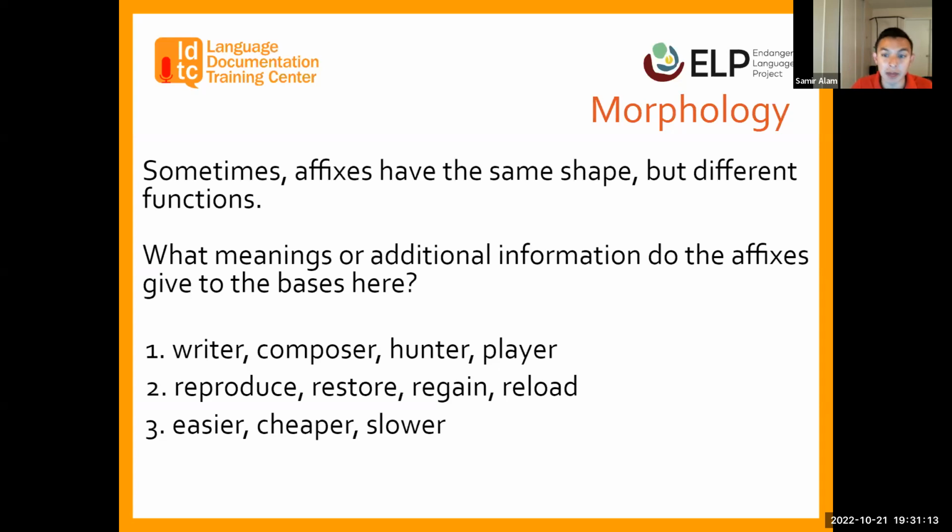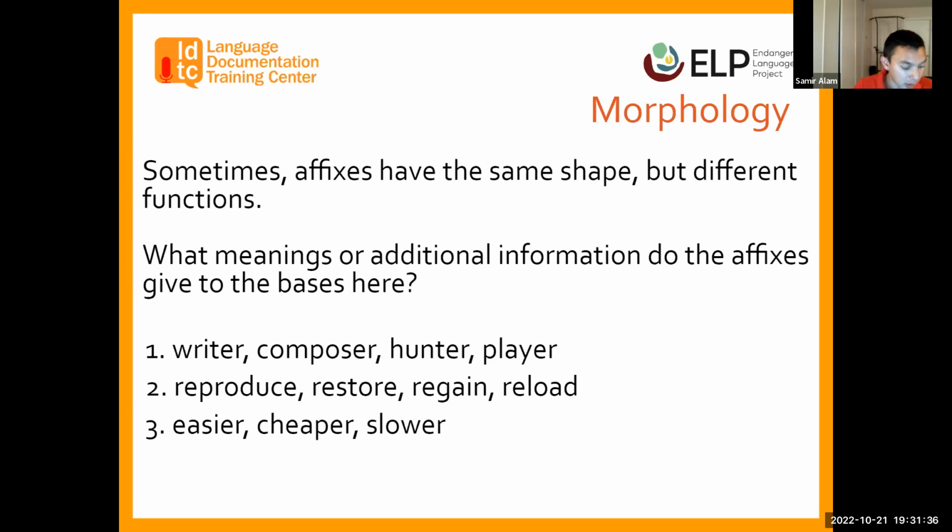And that seems to be doing the same thing for all the words in one, right? So a writer is someone who writes, a composer is someone who composes, a hunter is someone who hunts, and a player is somebody who plays. So R here seems to be making write a noun, meaning that it's somebody who does something.